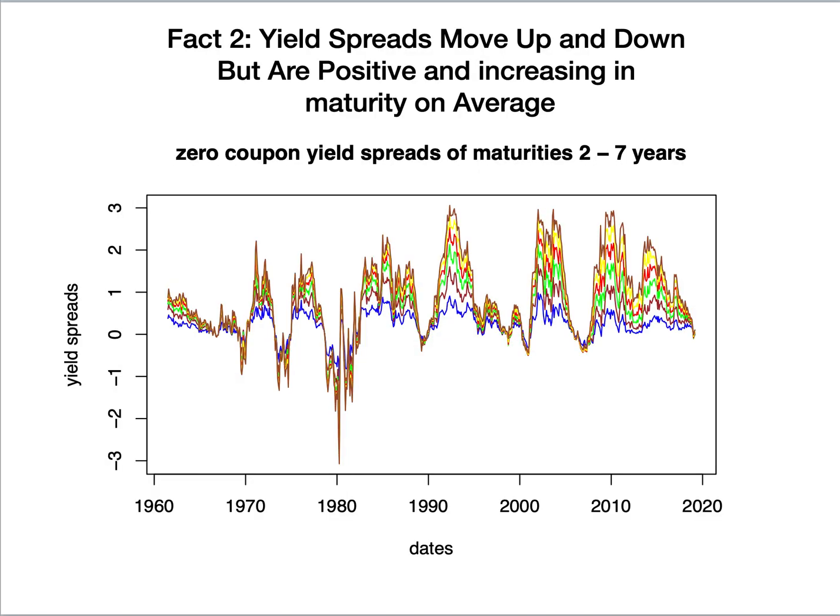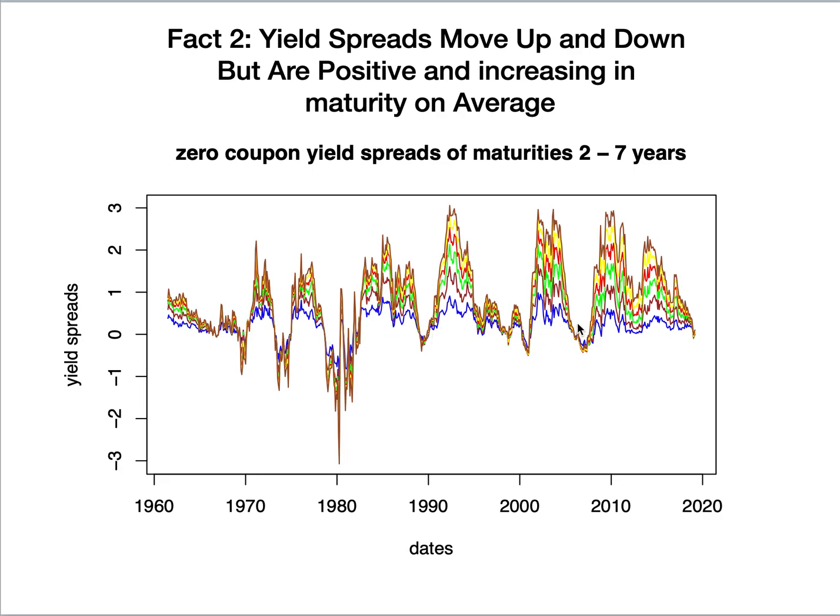So on average, yield spreads are positive. What I'm showing in this graph, using the 0 coupon data, is the difference between the yield on a 2 period, 3 period, 4 period, 5 period, 6 period, and 7 period bond relative to a 1 period bond. I'm always subtracting off the 1 year bond. And so here's 0.